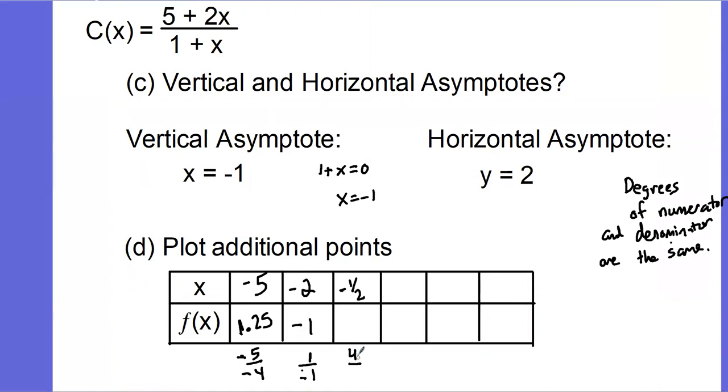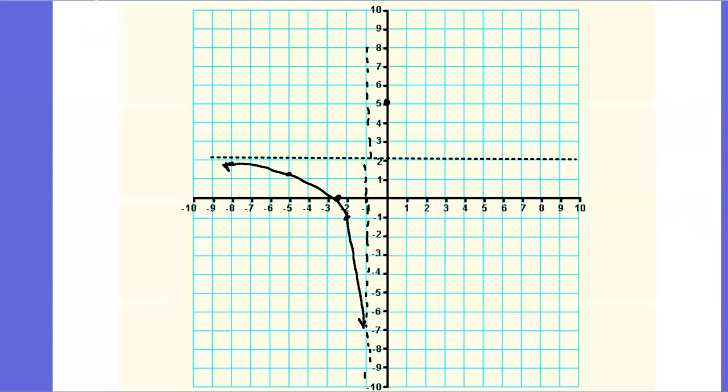That takes care of our numerator. And 1 plus -1/2 would be +1/2. And remember, if you divide fractions, you multiply by the reciprocal, or you can just think this through in your head. If you have 4 and you divide it into groups of a half, there's going to be 8 of those groups. So this is going to be +8 right there. So I have the point -1/2, comma 8. So that's about right there.